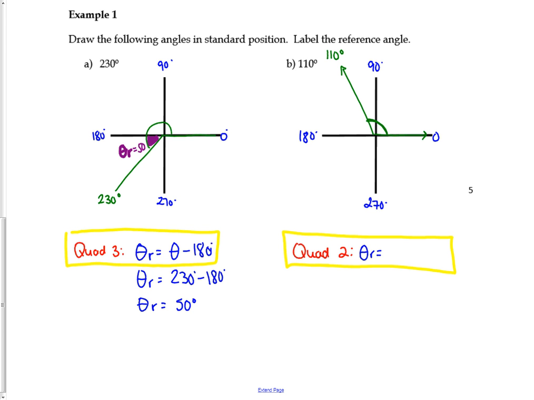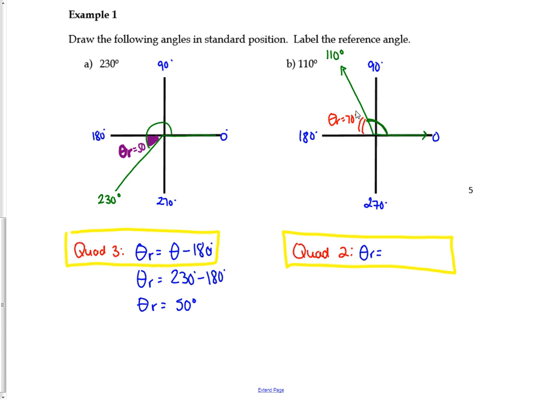So it's the angle between the x-axis and the terminal arm. Yeah, Chase? 70. So in this case, it would be 70 because it has to touch the x-axis. Okay, reference angles never touch the y-axis. They always have to touch the x-axis and the terminal arm.